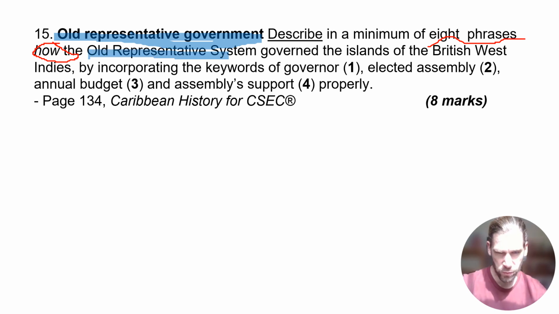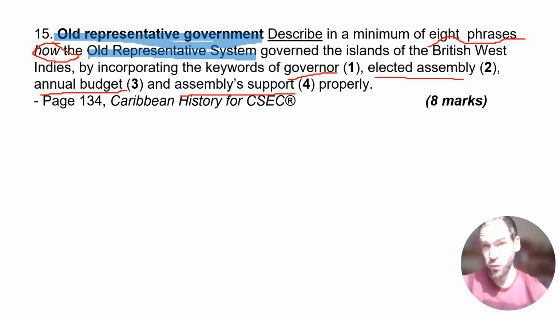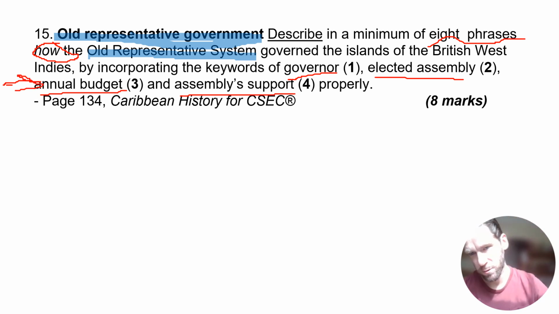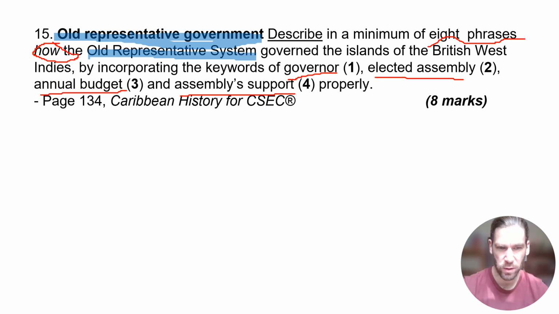What are those 4 words? The following: governor, elected assembly, an annual yearly budget, and the assembly's support. If you want to say in your answer each year or a yearly budget, that's of course the same. It's the same topic, so I'm not going to nitpick about that in the test.